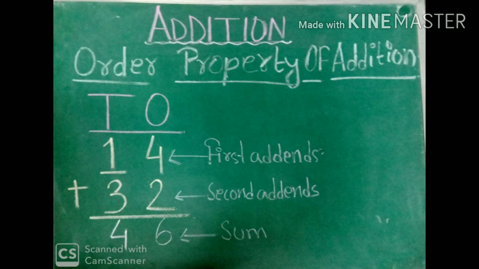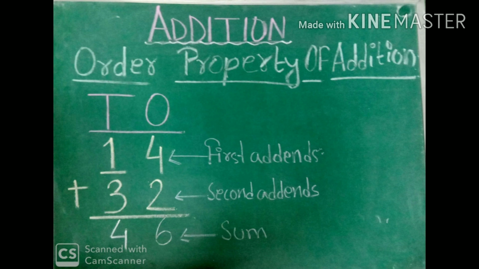Let us take the numbers 14 and 32. Now we know how to do the addition in column method. So we'll write T and O because this is very important.